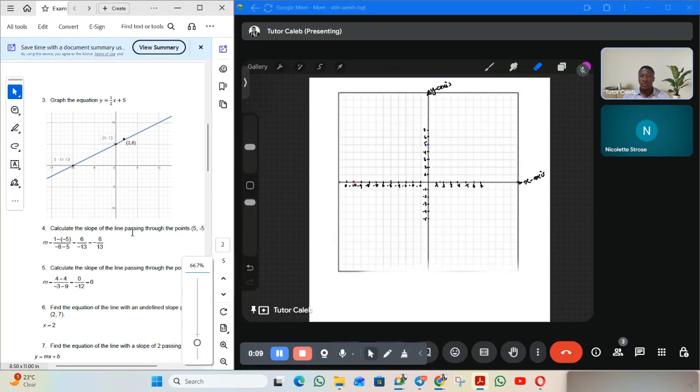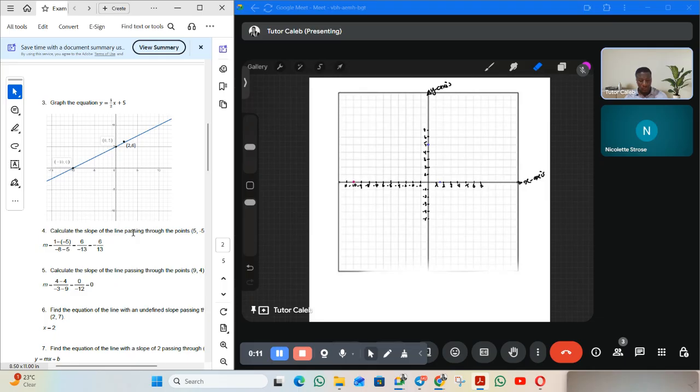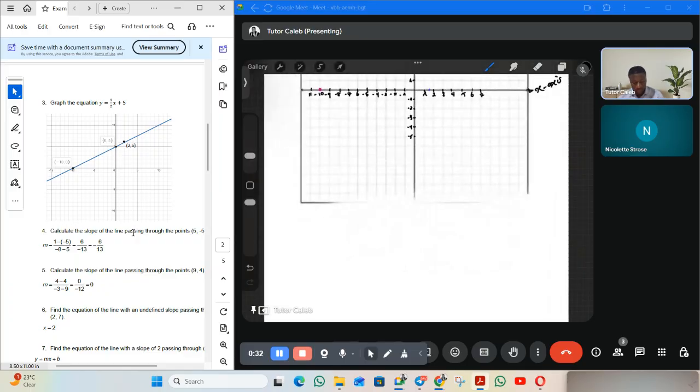Right, question 3. We did this yesterday, so I'll try to go a little bit faster because we've already done it. Question 3 gives us the equation of the line y equals half x plus 5.